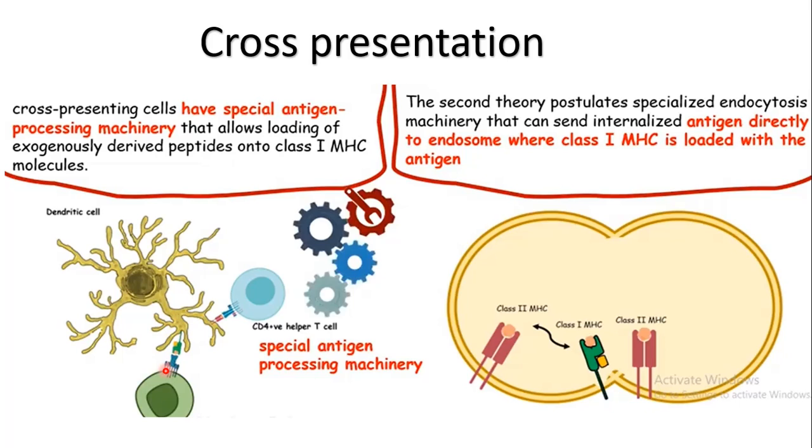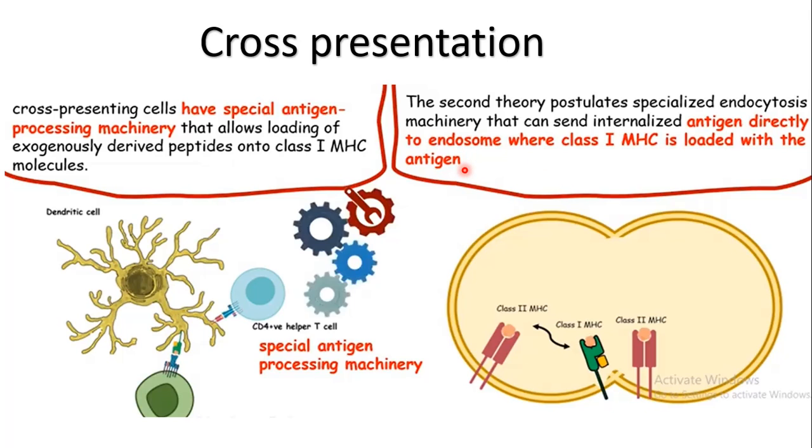So this process has two postulates: that dendritic cells have a special antigen processing machinery, and that the antigen can be directly derived to the endosome where class 1 MHC is loaded with it.